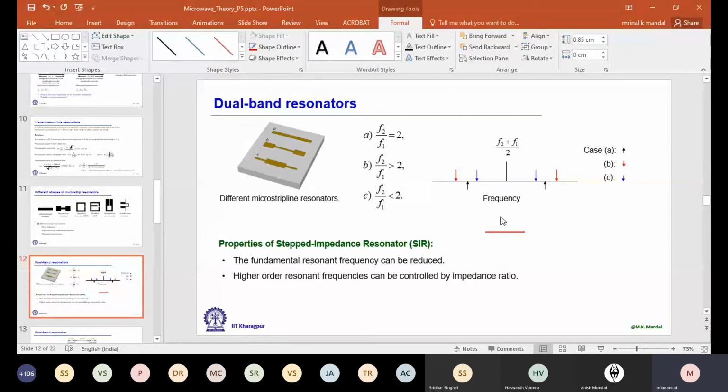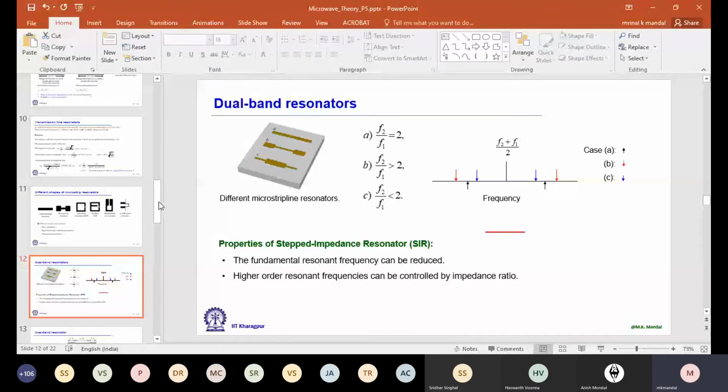So you take the ratio 1.7 by 0.9, and then we see that we have to use the f2 by f1 less than 2 case. We can also go for harmonic suppression. Sometimes it requires that you use a half wavelength resonator, but the second harmonic should be as far as possible. Then we consider the red arrow case, that is f2 by f1 more than 2. So these are different applications of stepped impedance resonators.